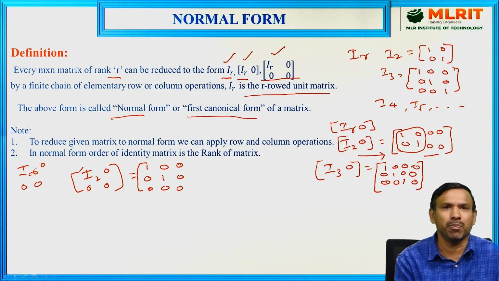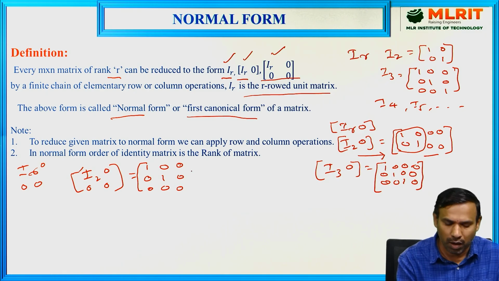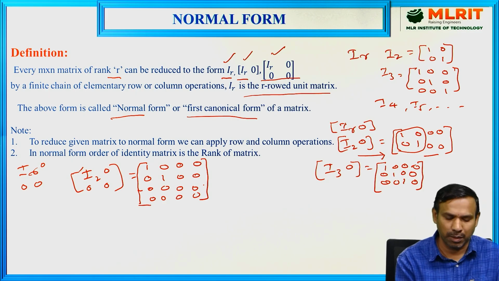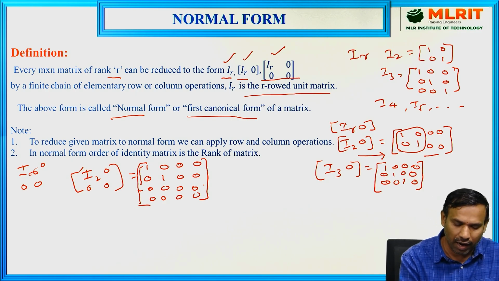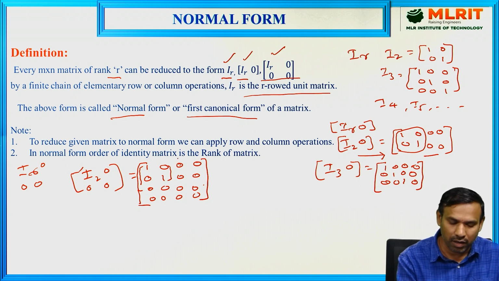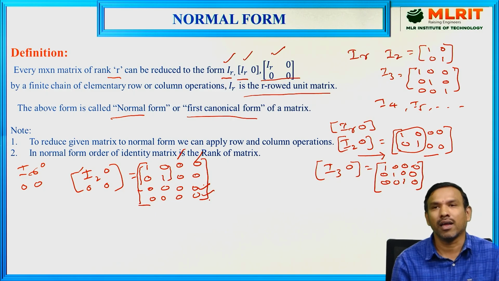It may be one 0 row, one 0 column, or two 0 columns, or two extra 0 rows. These are all called [I_R 0; 0 0]. It involves one identity matrix and, apart from it, some additional 0 columns and 0 rows.